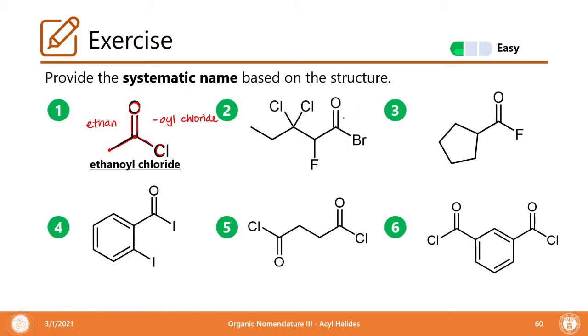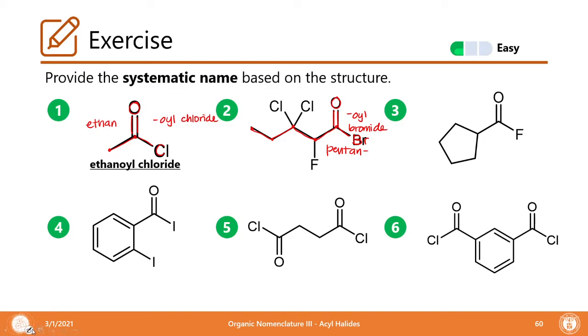Next, let's work through this example. Identify first where our acyl halide is. Here we have an acyl bromide, so we have -oyl bromide. We have here 1, 2, 3, 4, and 5, so we have a pentanoyl bromide.